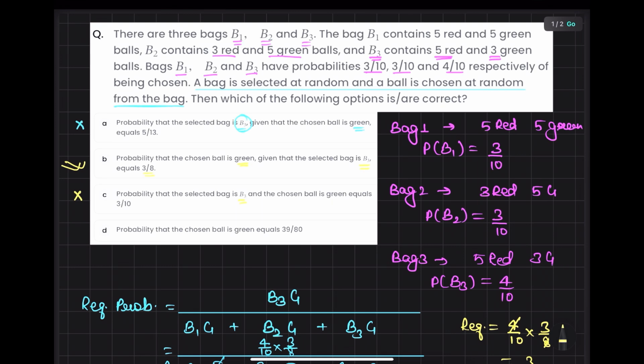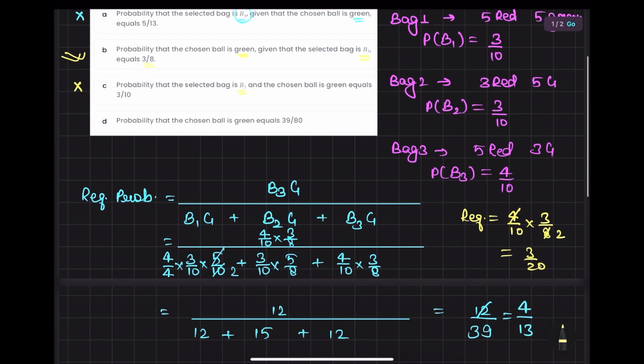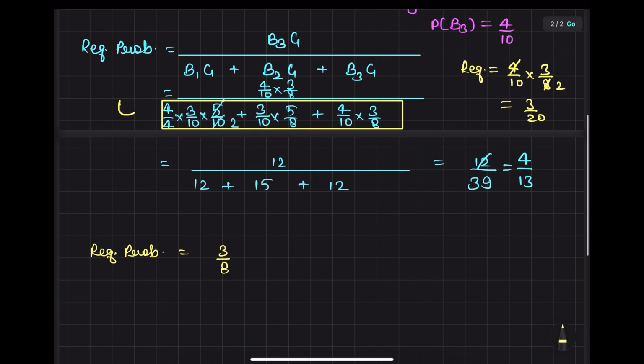This means it is Bayes theorem, so the denominator will tell you the answer. If you observe the denominator, I will solve this from the first.